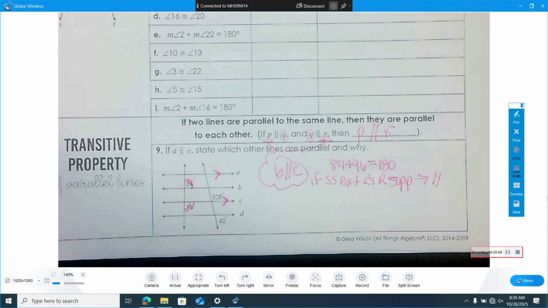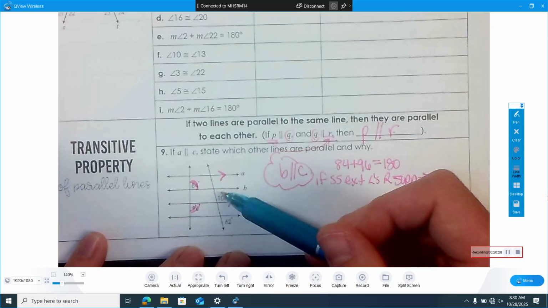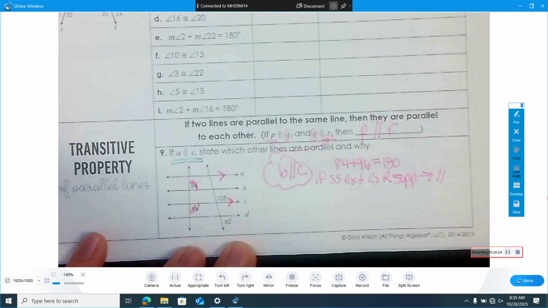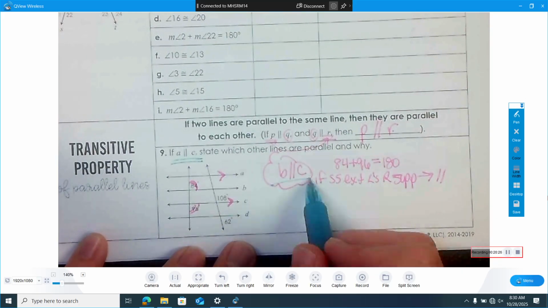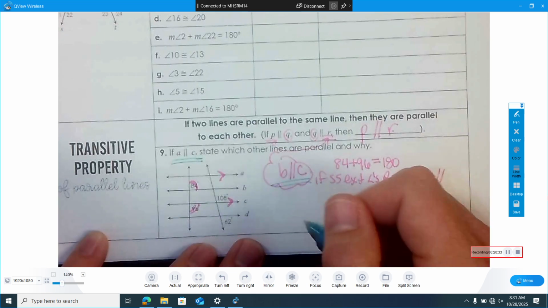All right. Let's see. The 108 and the 62, do they help us out at all? No, that gets us 170. So that's not helpful at all. But hey, look, I know if A is parallel to C and B is parallel to C, then what must be true? B is parallel to A. Yeah.